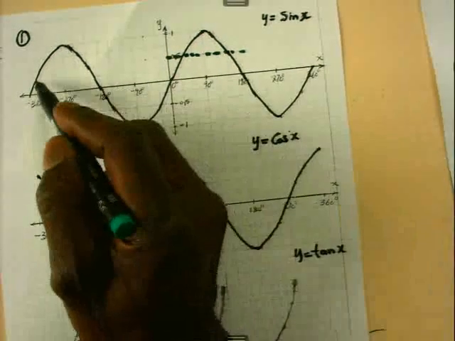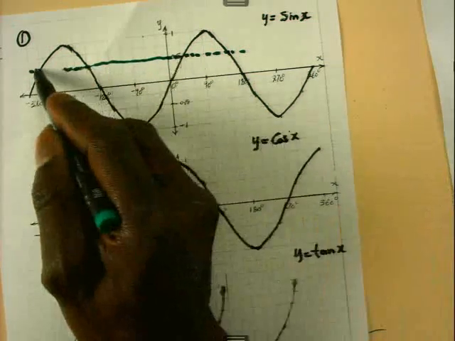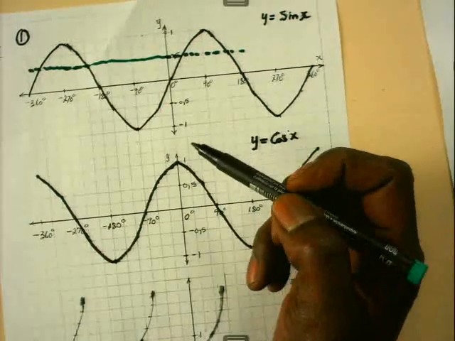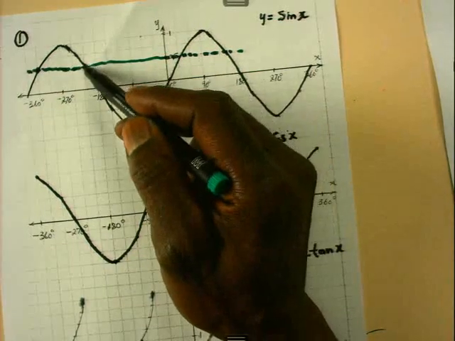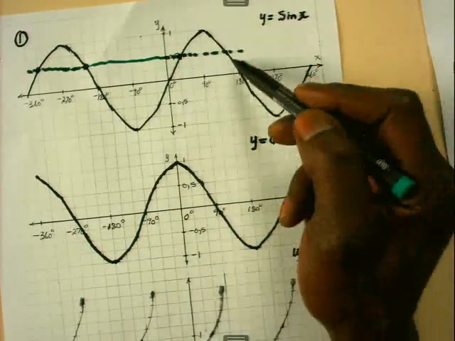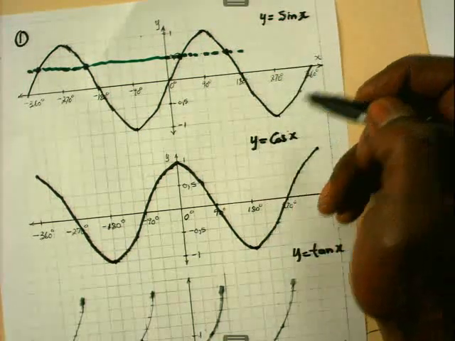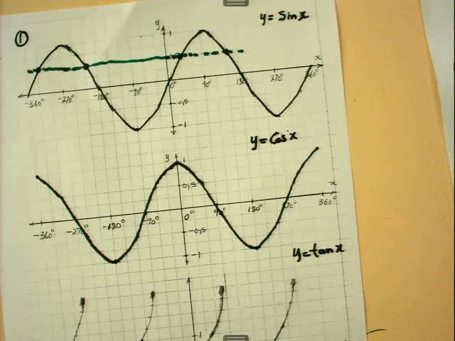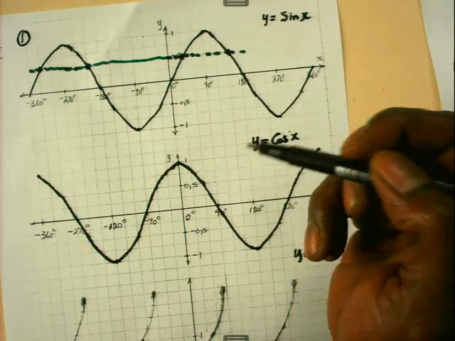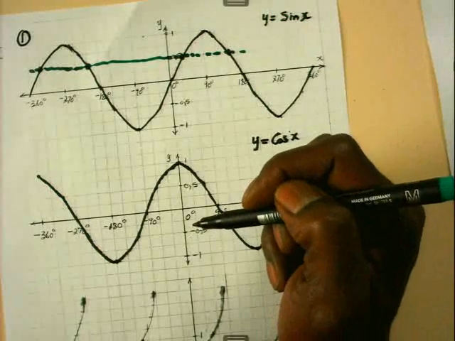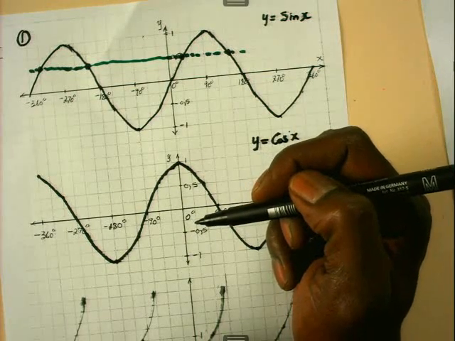And as you can see, this horizontal line is going to cut this graph of y is equal to sine x at this point, at that point, at that point, and at that point. But if we keep on drawing this curve up to infinity, we'll have an infinite number of solutions for this particular problem, which is sine x is equal to 0,5.